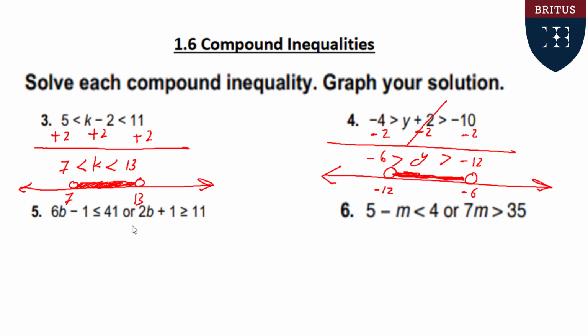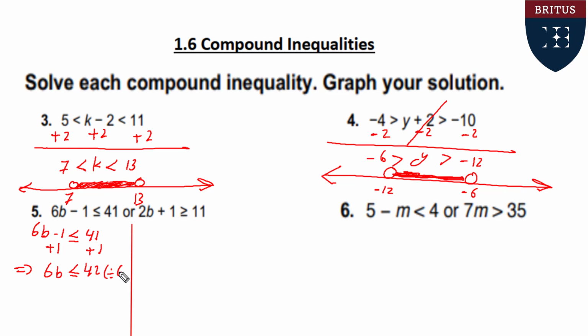Next inequality, just cut your paper into 2 halves. The left inequality, 6b minus 1 is less than or equal to 41. Just add 1 to both sides. We can say now that 6b is less than or equal to 42.